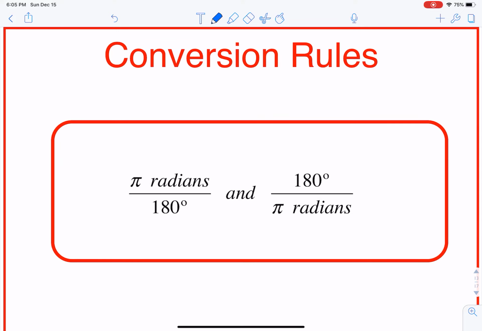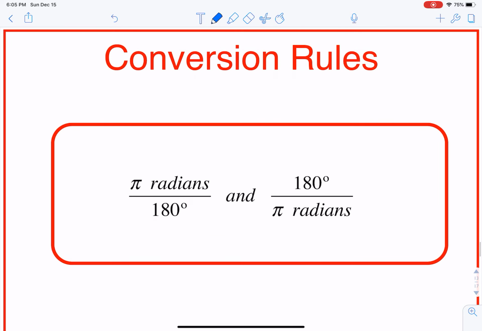So depending on if we're going from radians to degrees or degrees to radians, we'll use this conversion rule for going from degrees to radians, and we can use this conversion rule going from radians to degrees.